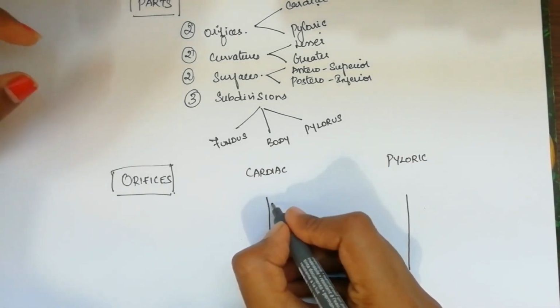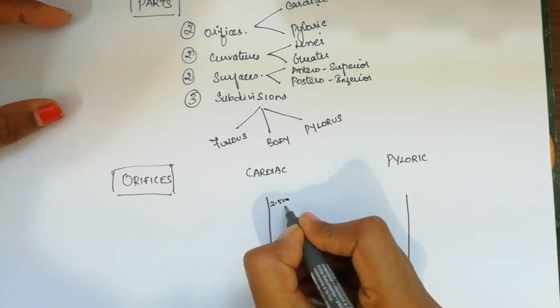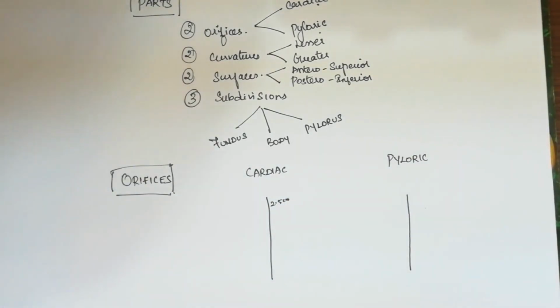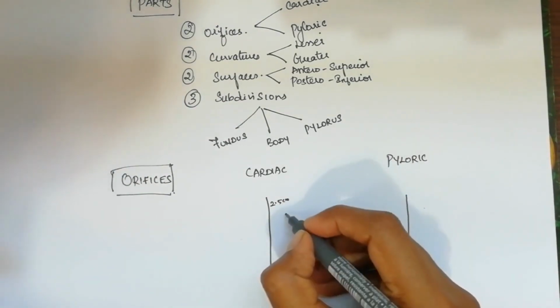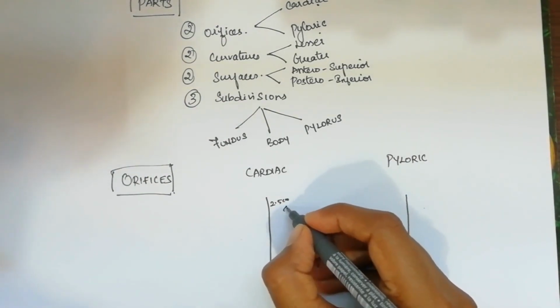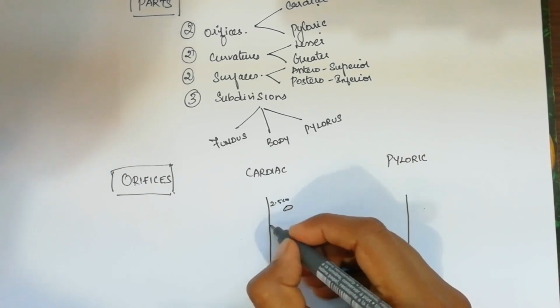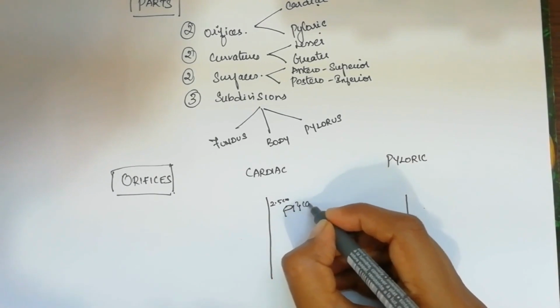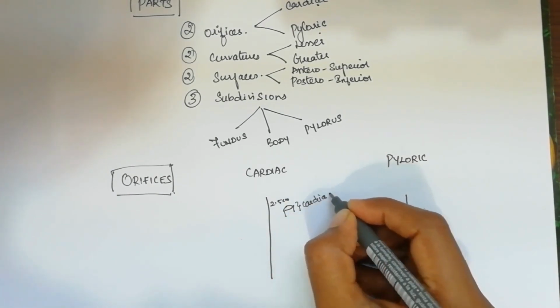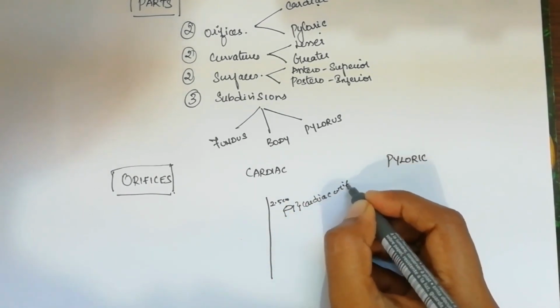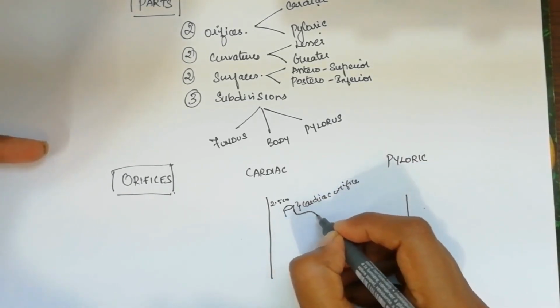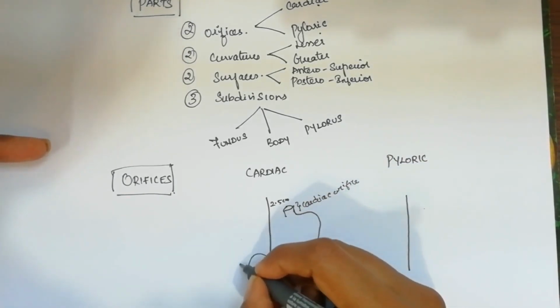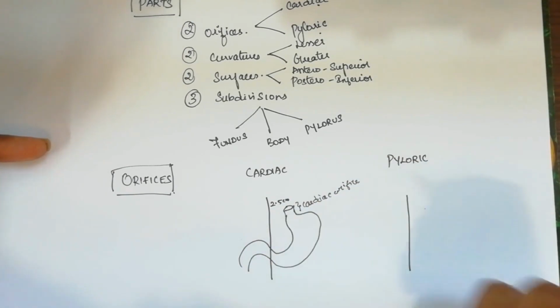So 2.5 centimeter away to the left of the midline, we have got an orifice present, and that orifice is nothing but the cardiac orifice, which is the continuation of the esophagus. So this is going to continue like this.